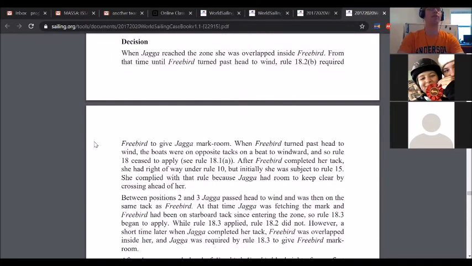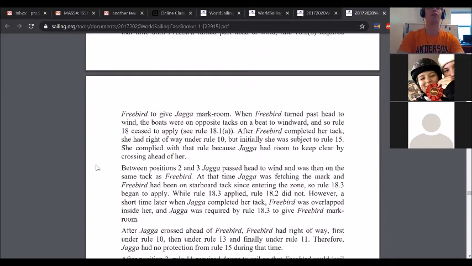But basically everything we've just kind of walked through. All right, so if two boats are in the zone and one of them tacks, they have to watch out because they may end up owing mark room to the other boat. The bit about whether they're close hauled or not is also important to understand, right?